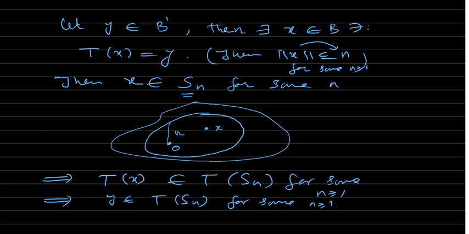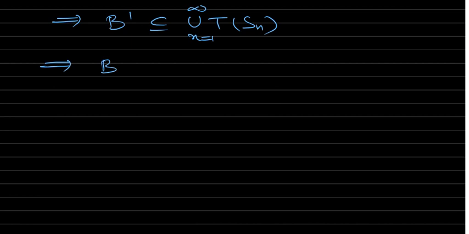So that means B prime is a subset of the union of T of Sn, n running from 1 to infinity, because Y is in one of these T of Sn. So B prime is equal to the union of T of Sn, n running from 1 to infinity.